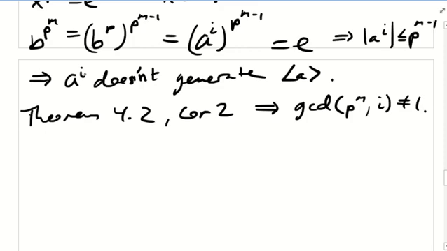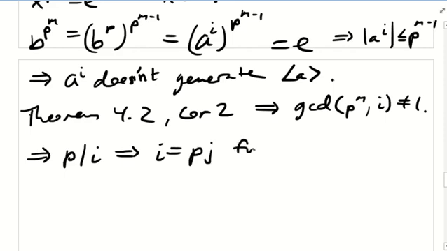Otherwise, A to the i would generate the subgroup generated by A. So this means that p must divide i, because the only divisors of p to the m are p to the something, right? So i is p times j for some j. Okay?